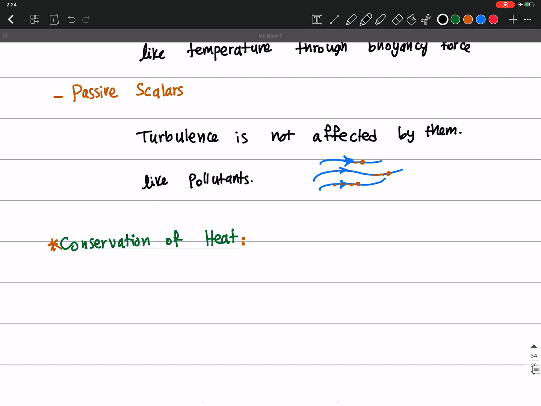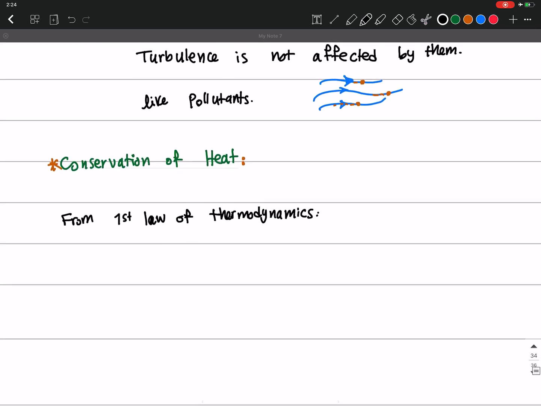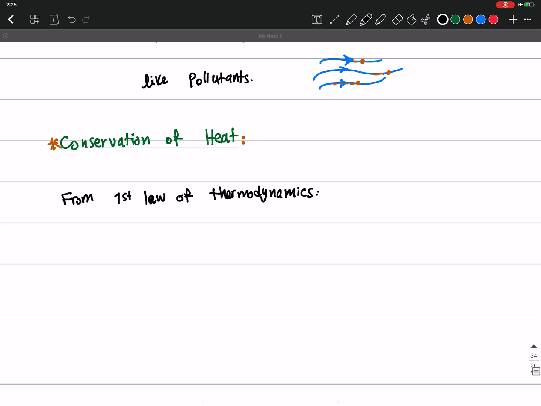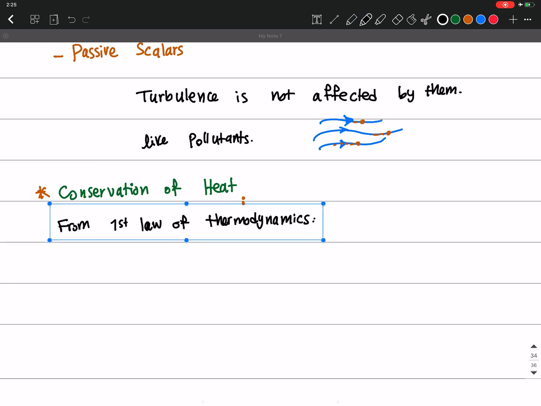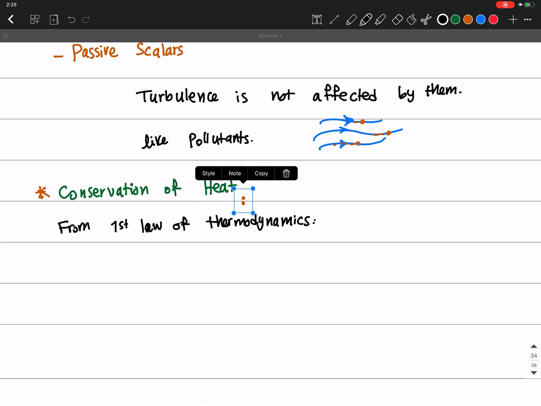From the first law of thermodynamics, we can find a conservation law for heat. And I will write it here.